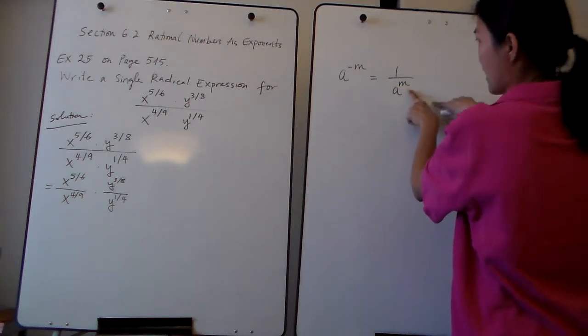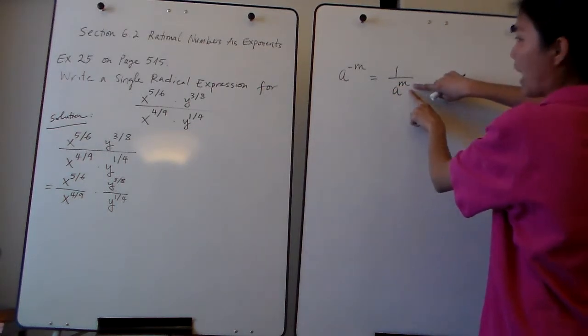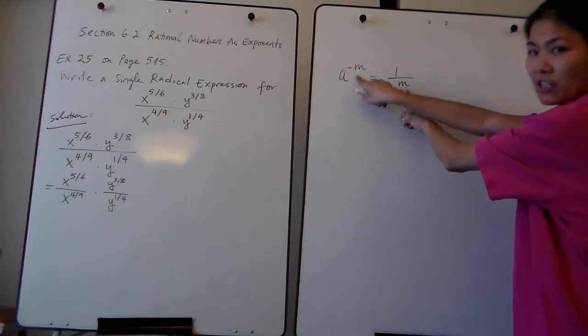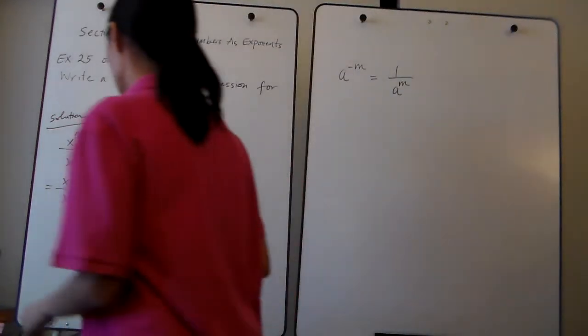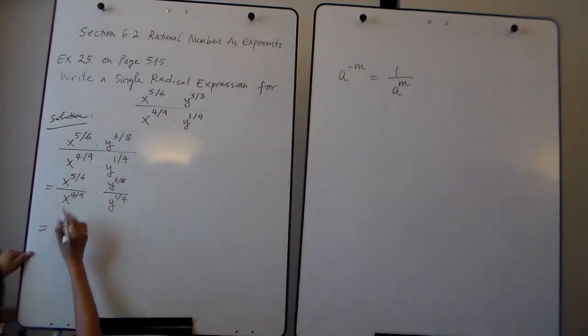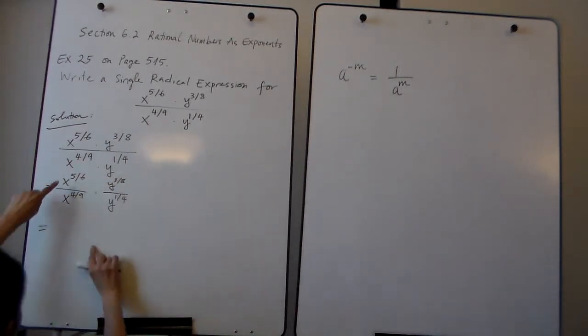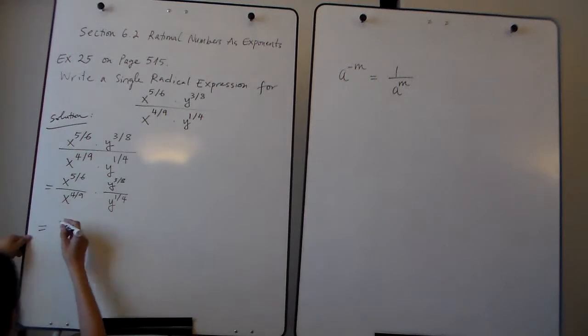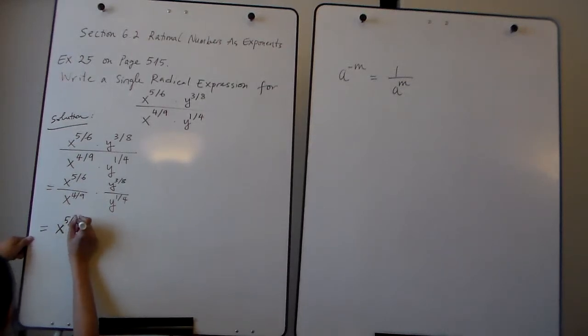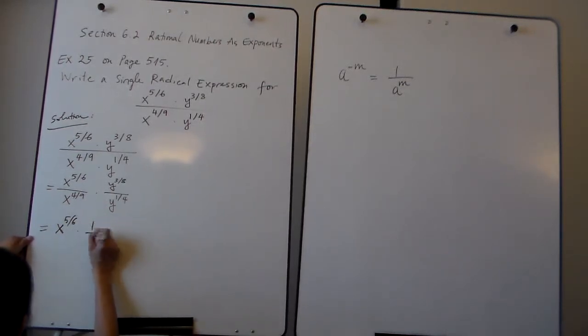The only thing changed is that instead of a positive exponent, now you have a negative exponent. For the x in the denominator, you can rewrite this as x raised to 5/6 times 1 divided by x raised to 4/9.